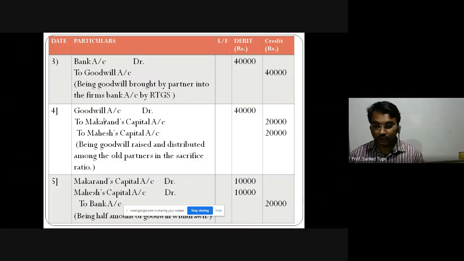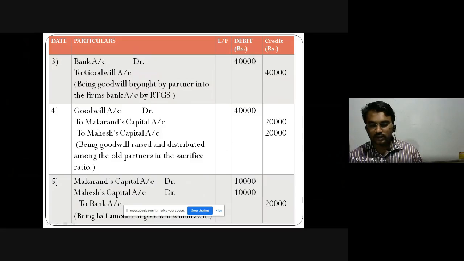Okay, so we will not credit that personal account, remember that. Okay, bank account debit to goodwill account, that is entry being goodwill brought by partner into the firm's bank account by RTGS facility. Okay, 40,000 it is.